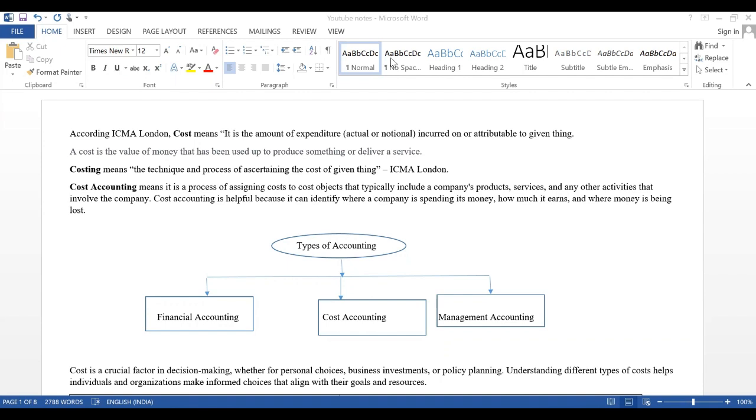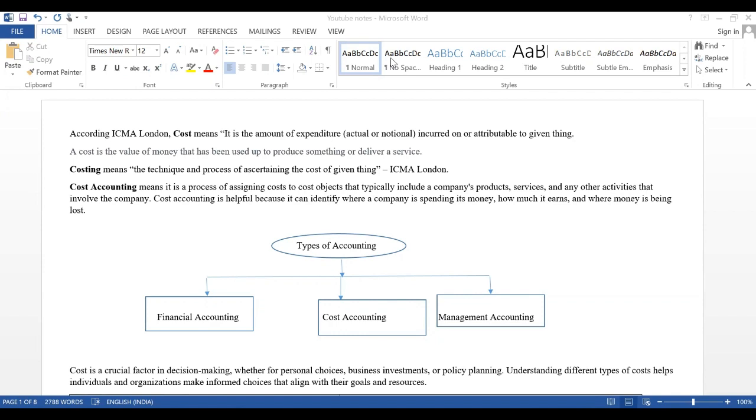Any expenditure you have incurred for producing a product or producing a service, that expenditure is called cost. So it's a value of money when you are producing a product or delivering a service. Whatever expenditure you have incurred, that is cost.